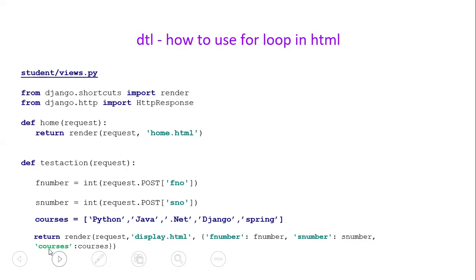So now you can change this code in the views. Go to views and after the second number, add this: courses is equal to all these courses you mentioned as a list. Then in the render function, in the context, add courses : courses. Let me do this.